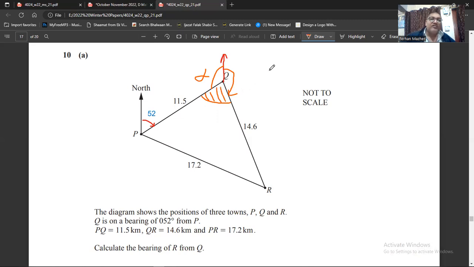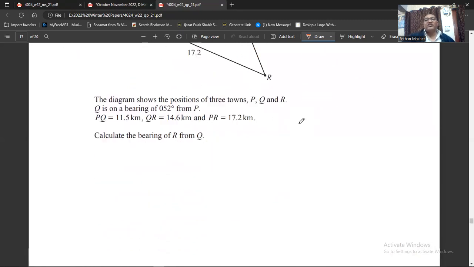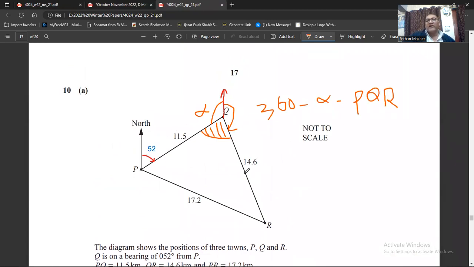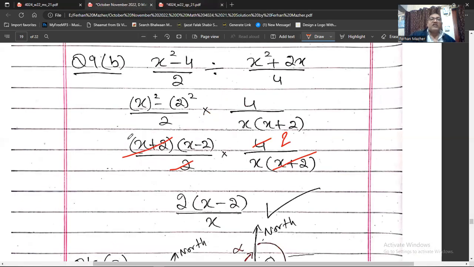And then from 360, if you subtract alpha and PQR, that will give you the bearing of R from Q. So this is my strategy for this question. It's a 4-mark question. And you know, in this triangle the three sides are given, so very easily by using the law of cosine I can find this angle.